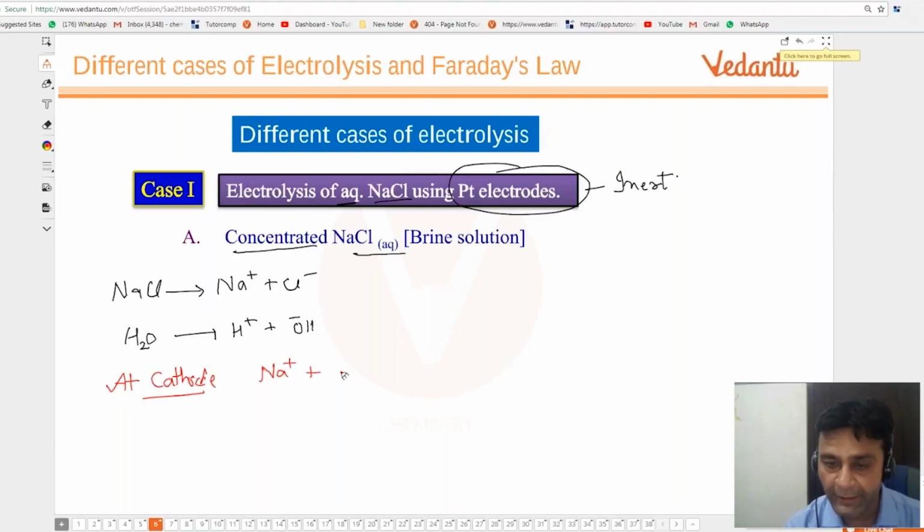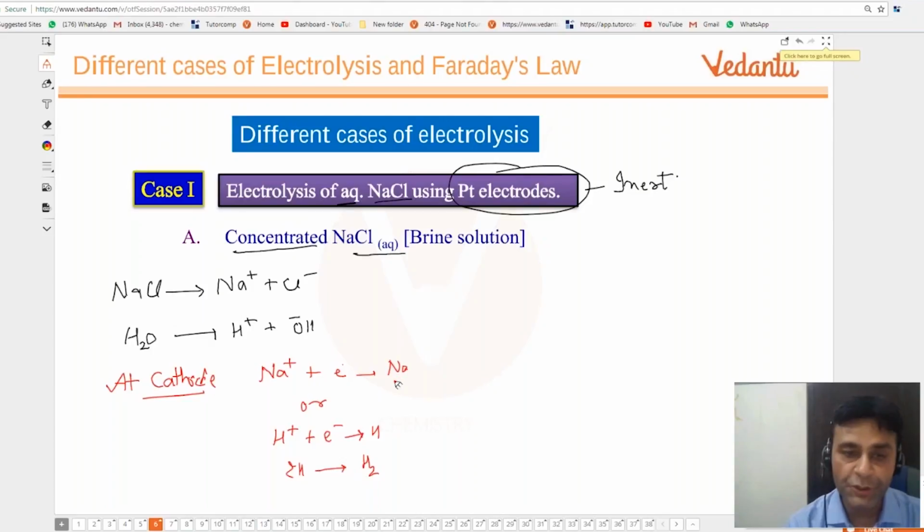Sodium ion can gain an electron and become sodium, or the H positive ion can gain an electron and become an H atom, and two such H atoms combine to form H2 gas. Right? Any doubt here? So either the sodium will be deposited or the hydrogen will be liberated.